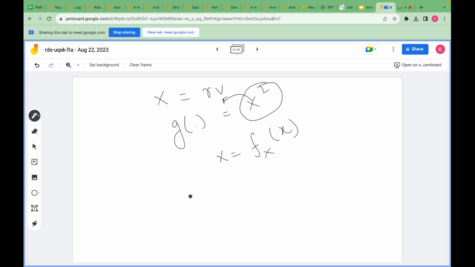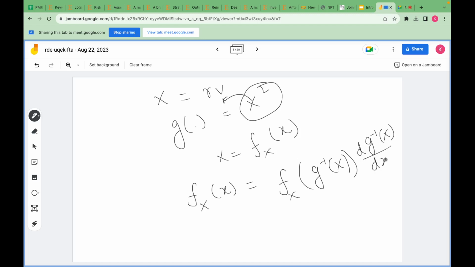Then we showed one property that f x can be written as g inverse x into differentiation of g inverse x upon dx. So I think the proof of this is discussed in the lectures, in the NPTEL lectures.